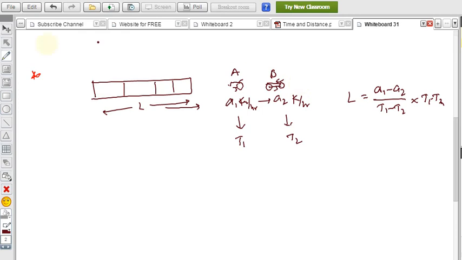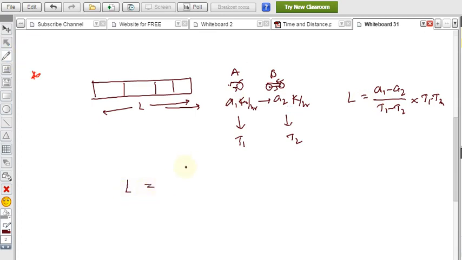If it crosses the first vehicle in t1 seconds and the second in t2 seconds, where vehicle A's speed is a1 and vehicle B's speed is a2, then a1 minus a2 by t1 minus t2.